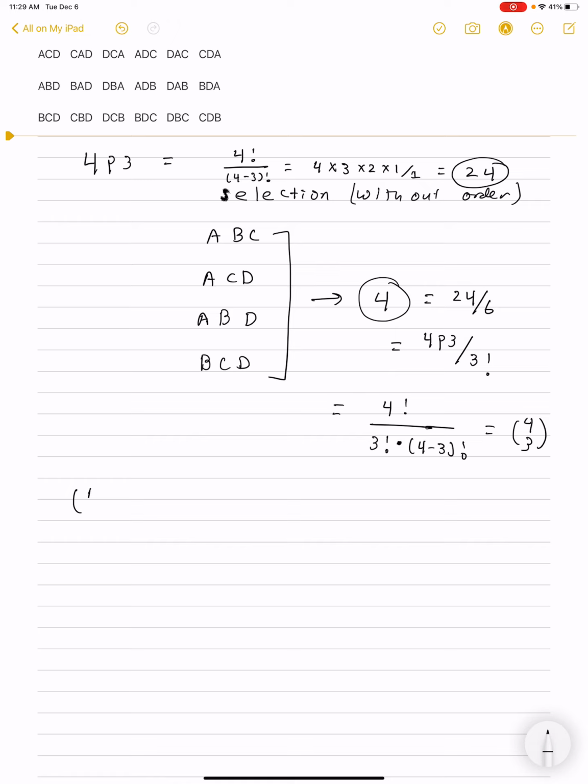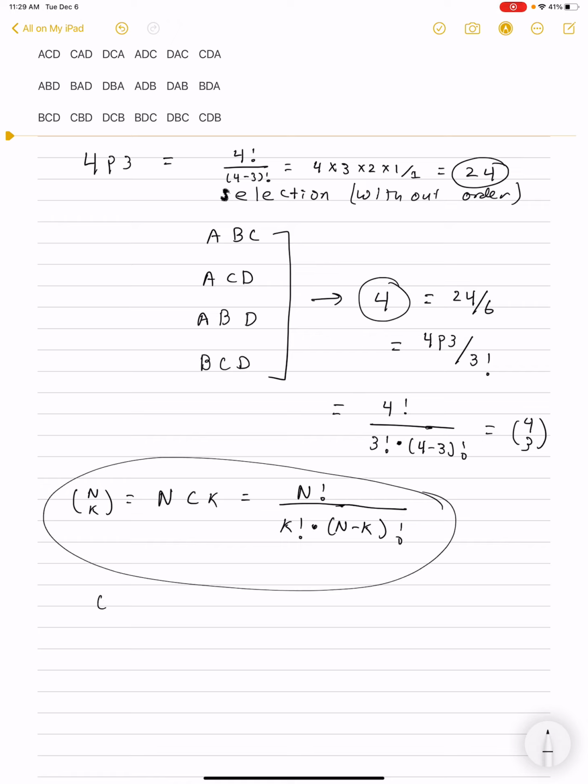In general, n choose k, which is also written as nCk, is computed as n factorial divided by k factorial times n minus k factorial. And this is a combination. And that's when order doesn't matter.